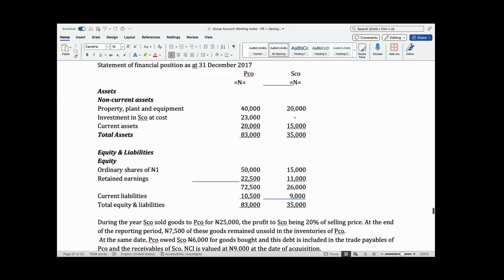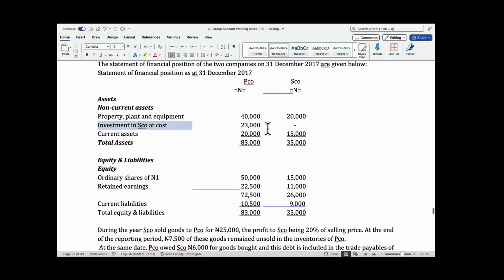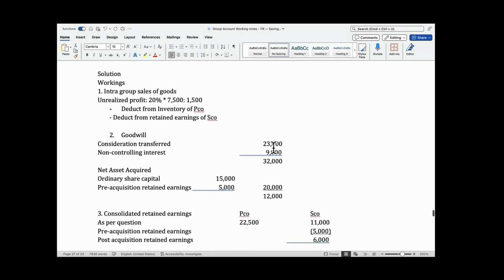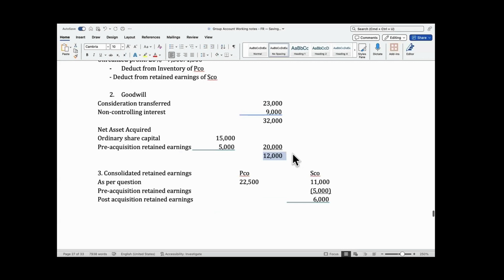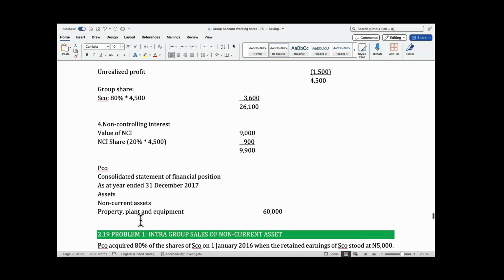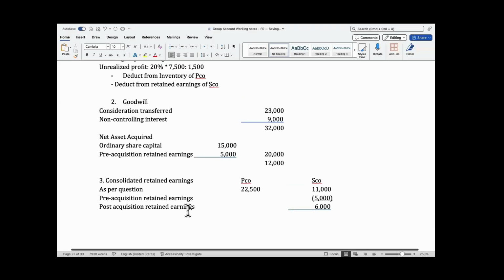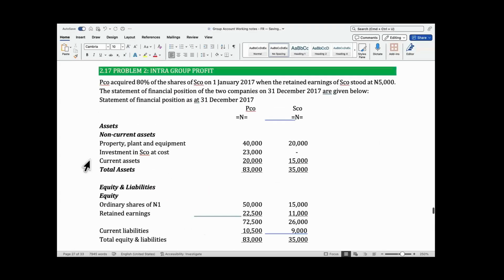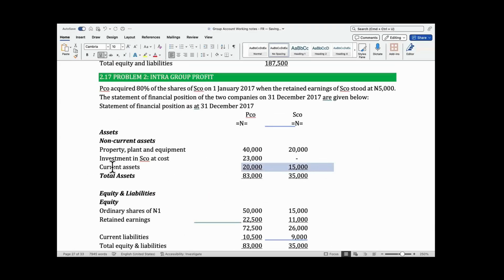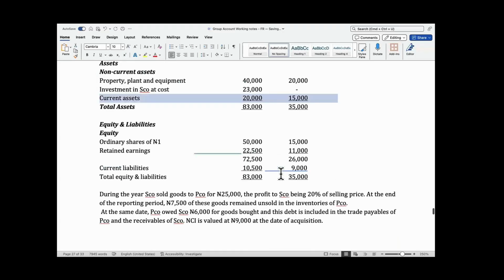After PPE, the investments, which we canceled out, we're having 12,000 as goodwill. Then current assets. How much is our current assets? That's 35,000.